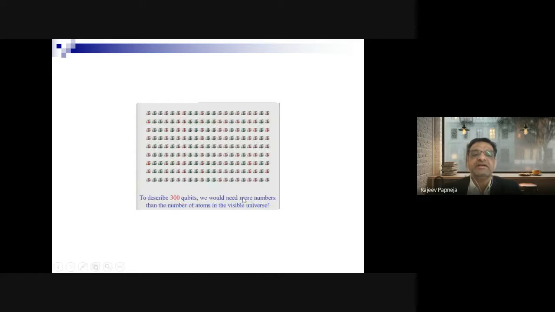And when the number of qubits is still rather modest, just a few hundred or so, if we had some typical highly entangled state of, let's say, 300 qubits, and we wanted to write down a complete description using classical bits of all the ways those qubits are correlated with one another, we would have to write down more numbers than the number of atoms in the visible universe.